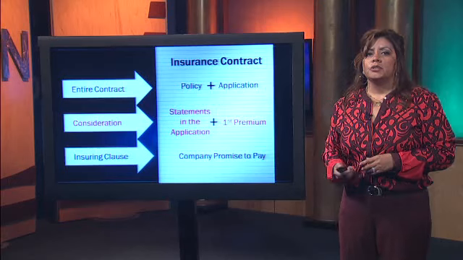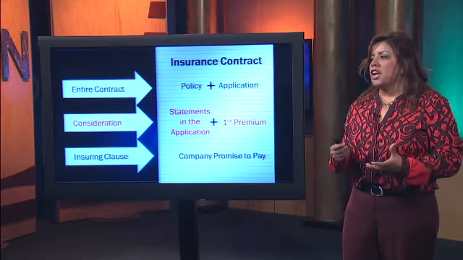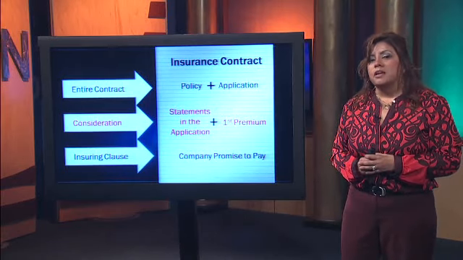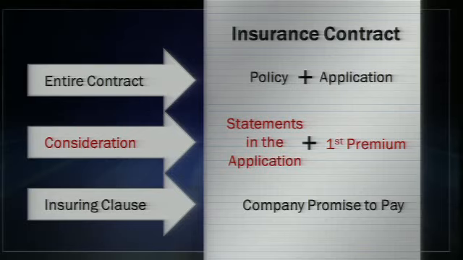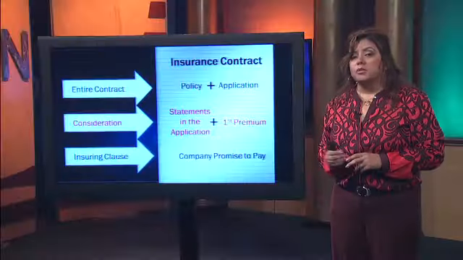Now, think of an insurance agreement as an exchange of promises. This is known as the consideration clause. Now, the insured is promising that all the statements and the answers on the application are true to the best of their knowledge. It is those statements, along with the first premium, that make up the consideration clause.